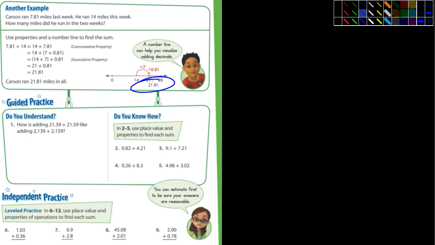Let's see here. Use place value and properties to find each sum. You can do this. Let's look at number 5. So 4.98 and then 3.02.